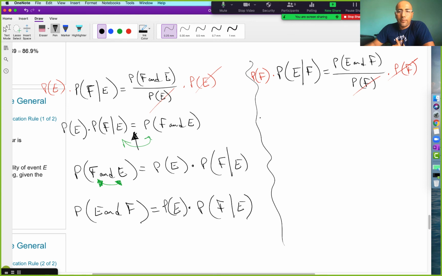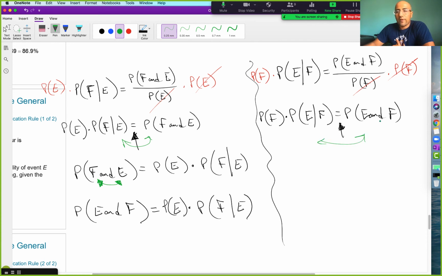And so you end up with the probability of F times the probability of E given F, which is equal to the probability of E and F. Again, if you just think of this as a little hinge and flip these around, or read it this way.